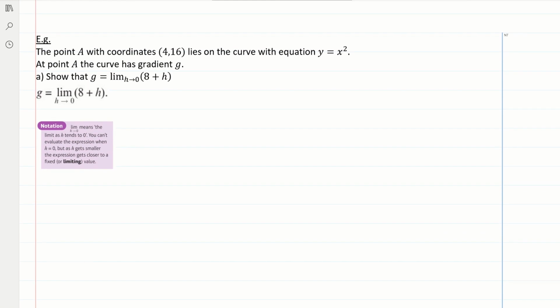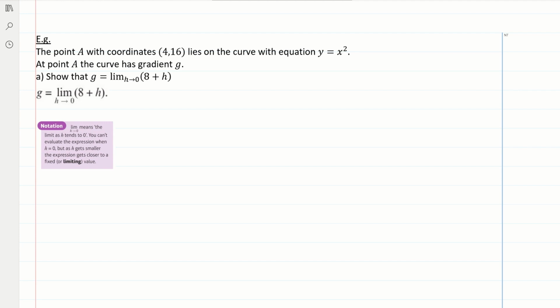So the example says the point A with coordinates (4, 16) lies on the curve with equation y equals x squared. At point A, the curve has a gradient g. Part a says, show that g has a limit of 8 as h tends to 0.